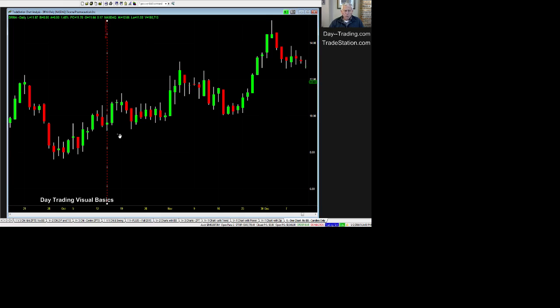It usually doesn't make a whole lot of difference, but when I see a situation where the third down should have been red, and it's green, because if it was red, it would have been lower than this day right here. But as it turns out, this green spinning top gives us a nice big candle the following day.